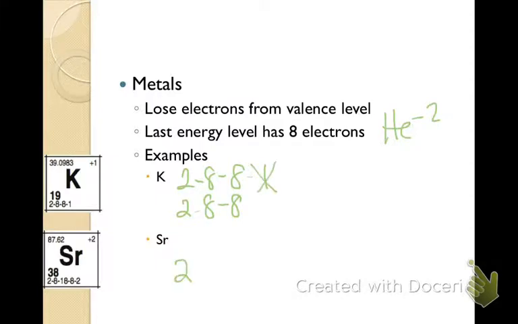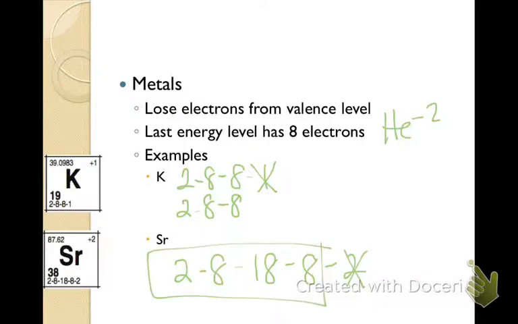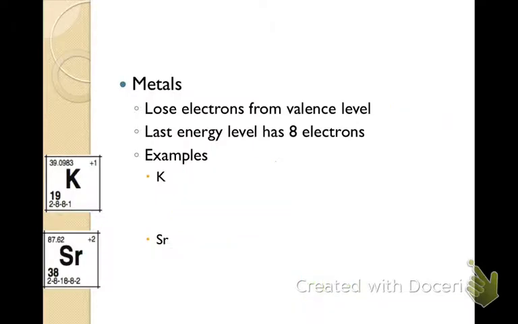For strontium, we have 2-8-18-8-2, and again, those last 2 electrons will be given away, and it will mimic the electron configuration of the noble gas before it.